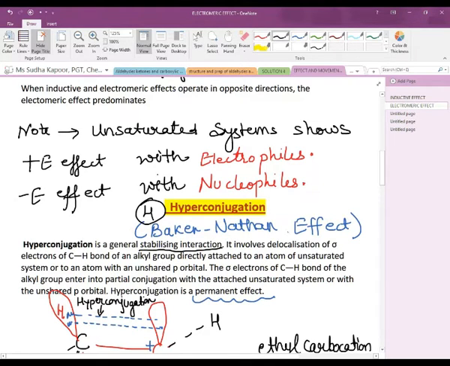How does the delocalization of sigma bond occur? The delocalization of sigma electrons of C single bond H bond of an alkyl group directly attached to an atom of unsaturated system, or the one which is having the unshared p orbital, as in case of the carbocation.